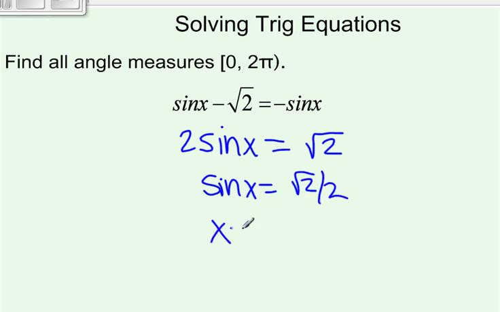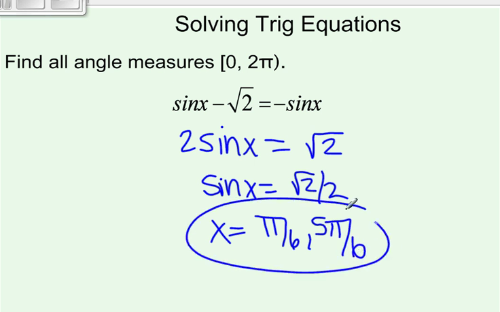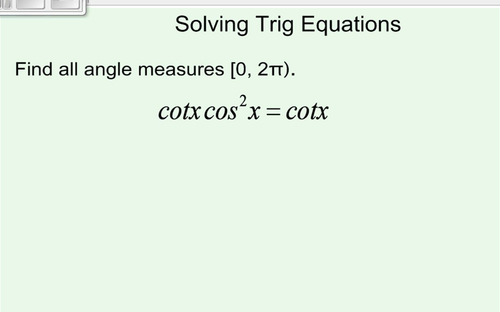And for this, sine is the square root of 2 over 2 for the pi over 4 family, and sine is positive again in the first and the second quadrant. So it's going to be pi over 6 and 5 pi over 6. Notice that all the properties of solving equations are pretty much applying here as we are solving our trig functions.